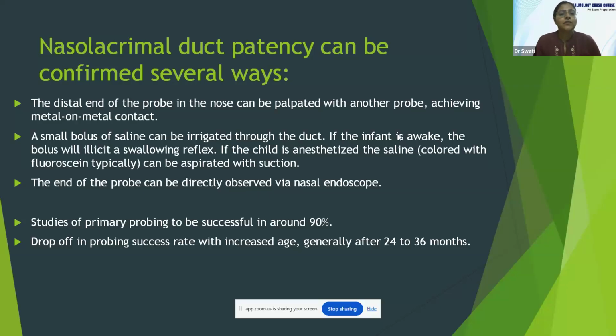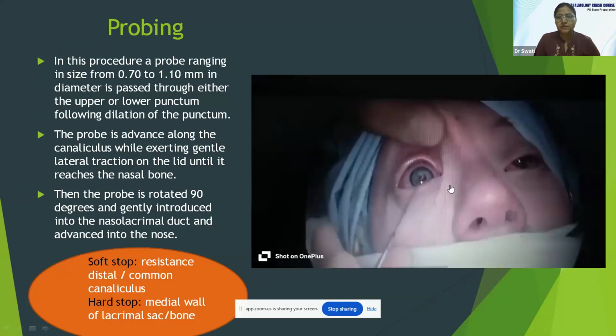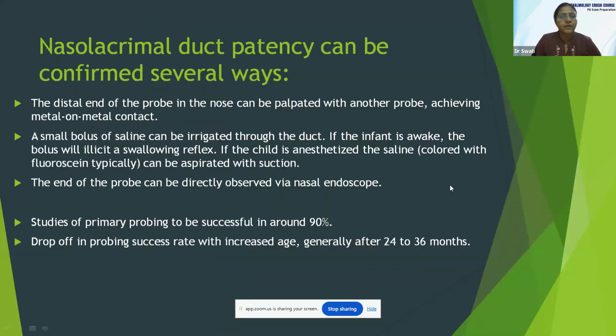So you can confirm the duct patency in several ways. The distal end of the probe in the nose can be palpated with another probe, achieving metal-on-metal contact. A small bolus of saline can be irrigated through the duct, and if the child is awake, you can see the swallowing reflex being elicited.